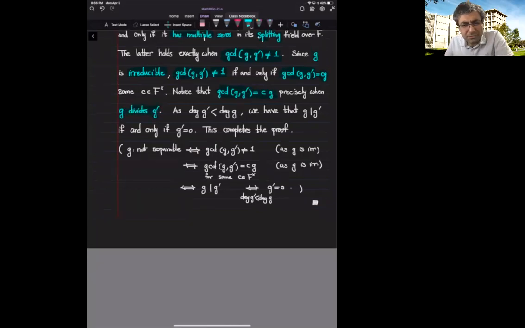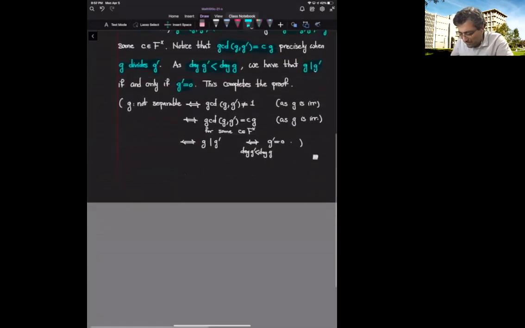But remember, the degree of G prime is strictly less than the degree of G. So the only multiple of G that has degree less than the degree of G is the zero polynomial. So G is supposed to divide G prime, but the degree of G prime is strictly less than the degree of G. That means G prime is 0. And of course, when G prime is 0, then G does divide G prime.